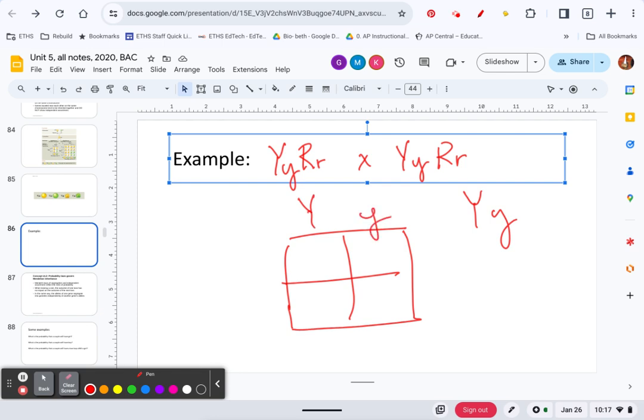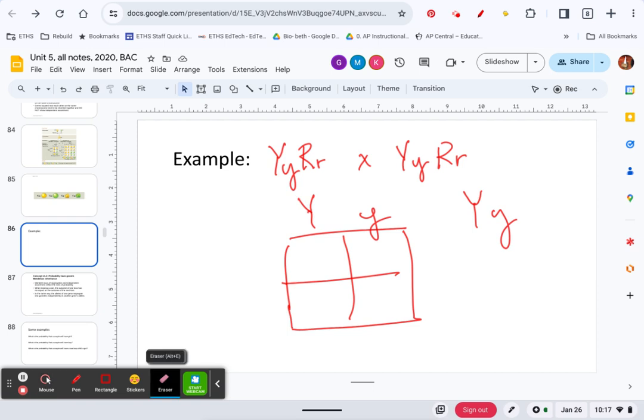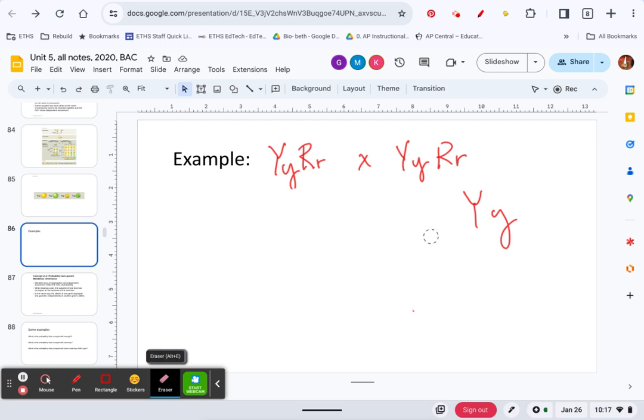You're going to do the same thing in this example, but now you're doing it for two traits rather than one. So in a dihybrid where two parents are heterozygous for both traits, you're not going to have 4 squares. You're going to have 16.